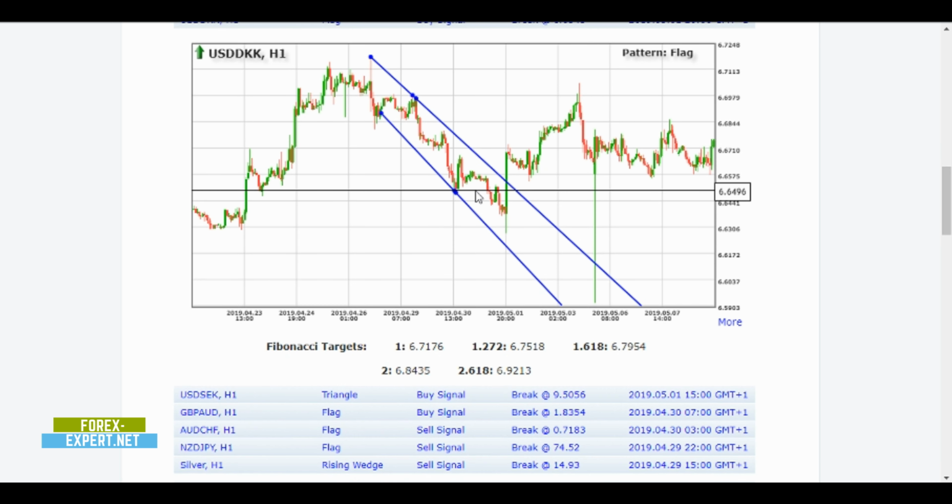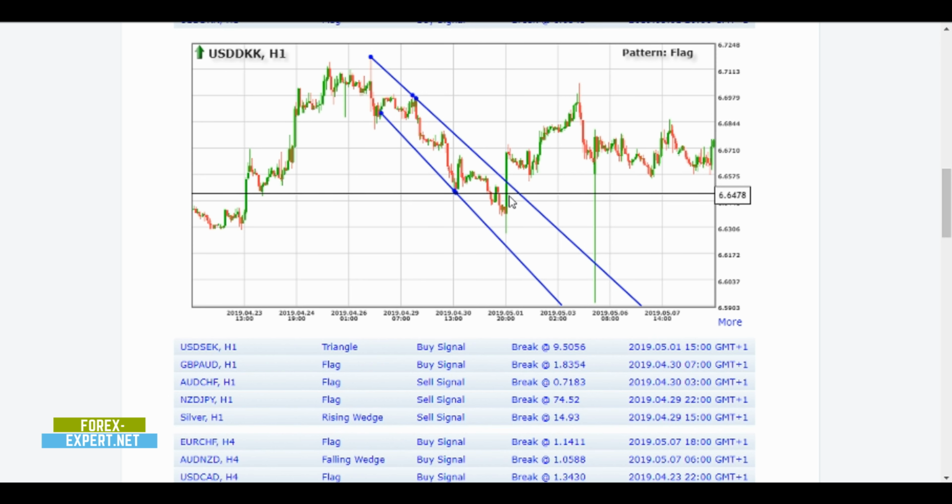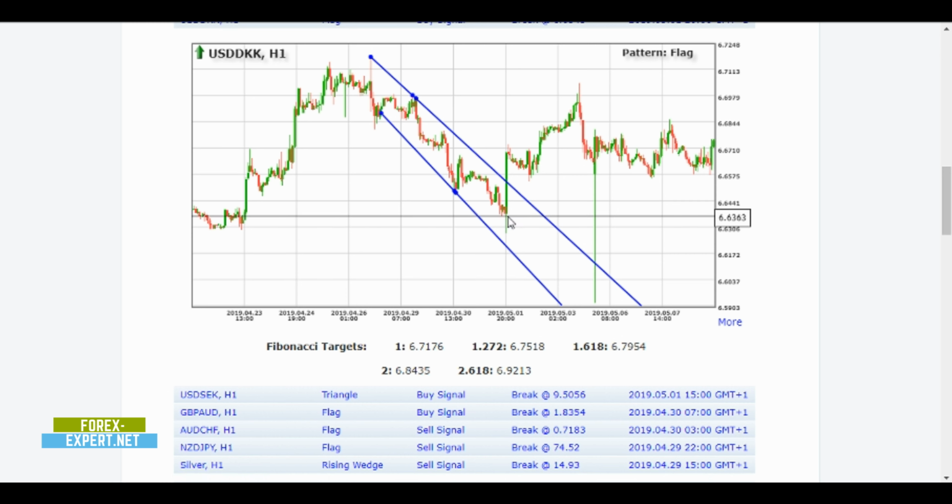Please, guys, protect your trades with the stop loss. Don't put it just below the trend line, because many times you will experience pullbacks. There are many techniques like ATR or parabolic SAR.